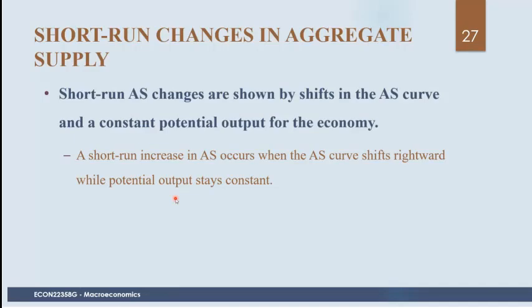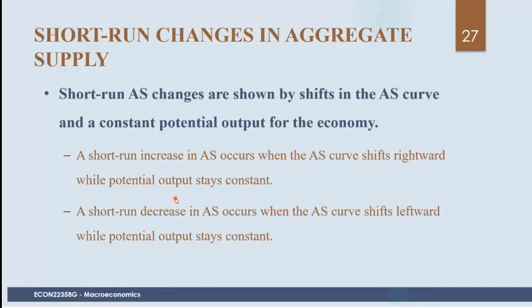And so that's what determines our long run ability to supply. In the short run, though, you can have input prices changing, which would change that behavior. But in the long run, what really determines how much you produce is based on real things. Okay. And of course, we say that a short-run decrease in aggregate supply would occur when the aggregate supply curve shifts left while potential output stays constant.